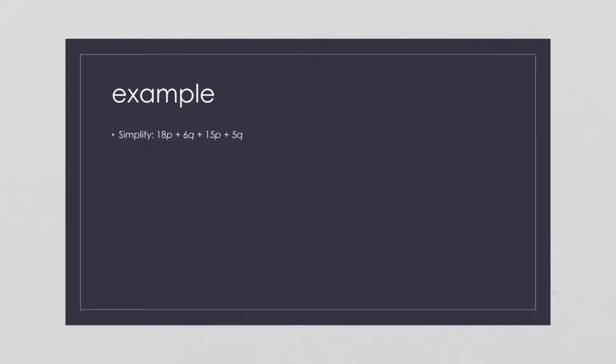Okay, so this is not really how I expect you to do this all the time, but I just want you to see how the commutative property works. Whenever you simplify things that have like terms, I typically just do it straight from here, but what you're allowed to do is you're allowed to commute these things to different locations.